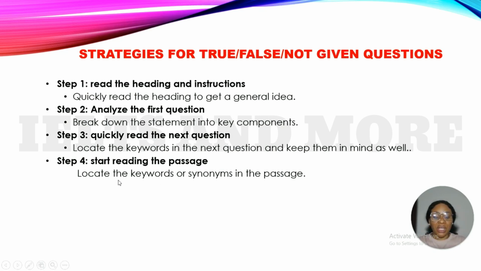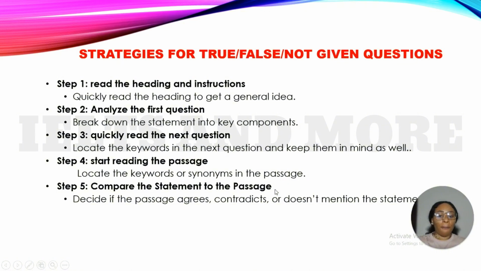All right, when you start reading, try to locate the keywords or synonyms in the passage. Okay? Step 5, compare the statements to the passage. Now, even when you get to a statement that you believe is saying the same thing as this particular area in the passage, go back again to the question, read it again and compare.